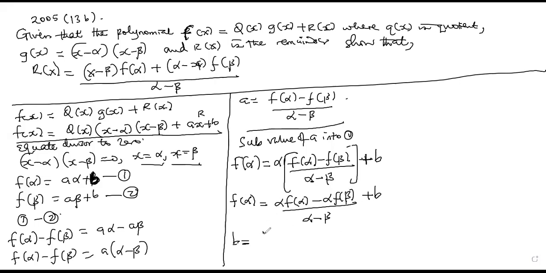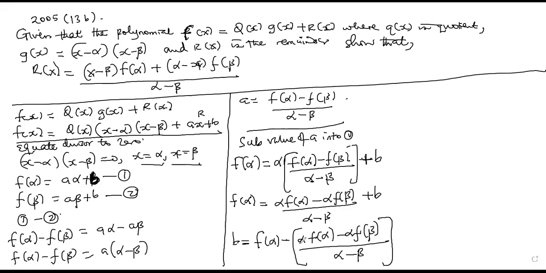So it will be f of alpha minus, because I'm subtracting a big thing, put brackets, alpha f of alpha minus alpha f of beta out of alpha minus beta.